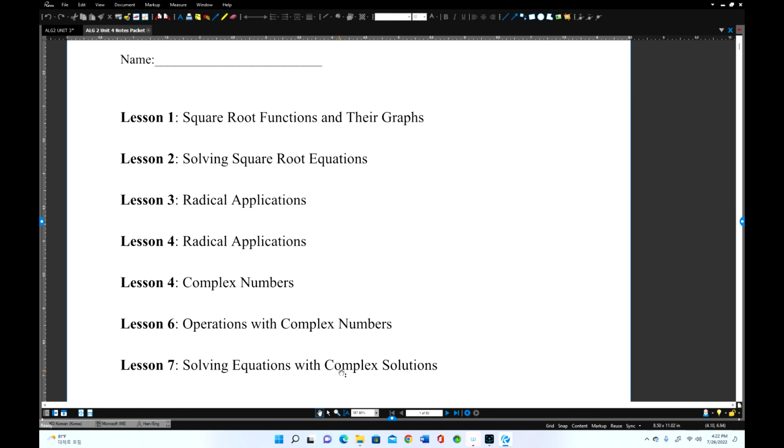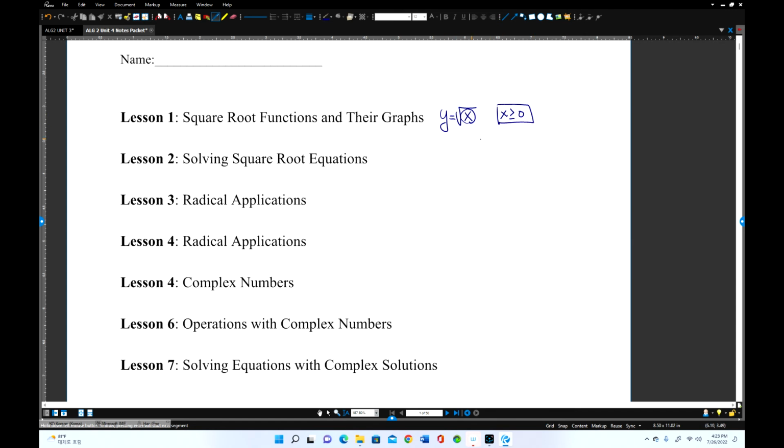The square root, this is a parent function, basic function or parent function. This is square root x. But the number inside cannot be negative. If the number inside the square root is negative, that is undefined. So this number is greater than or equal to 0. That is the domain.